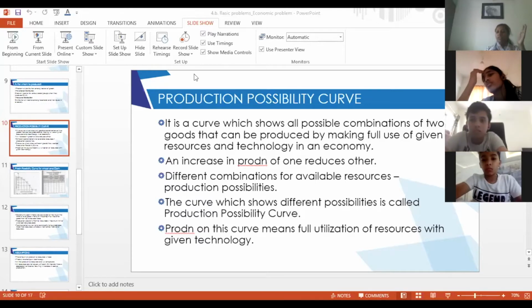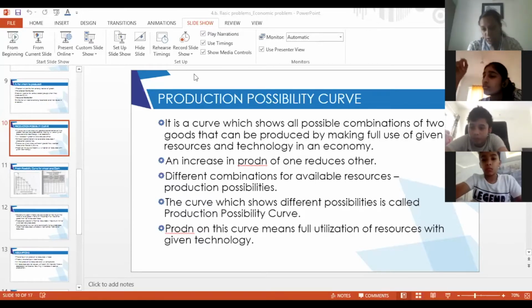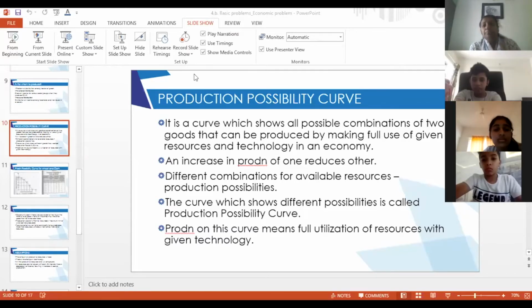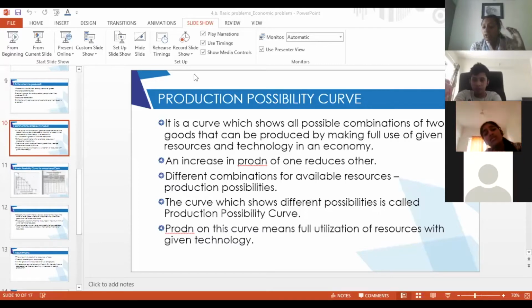At that time you cannot produce any bread because you're diverting all the resources to guns. Now when you reduce the production of gun, bring it to 9, you can produce bread. So when you increase the production of one commodity, the production of another commodity has to come down, right?